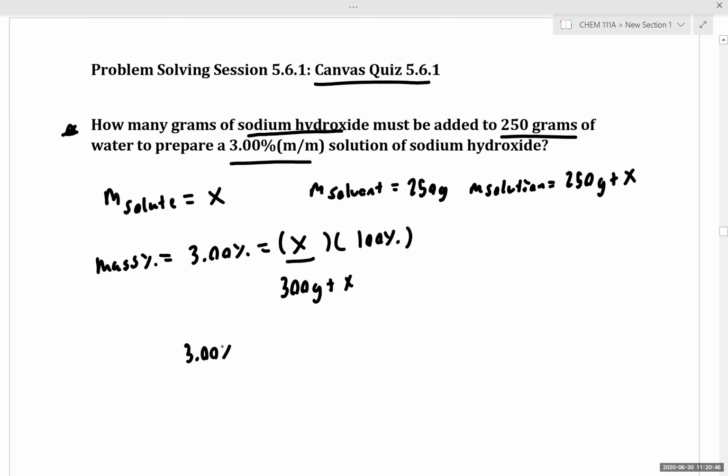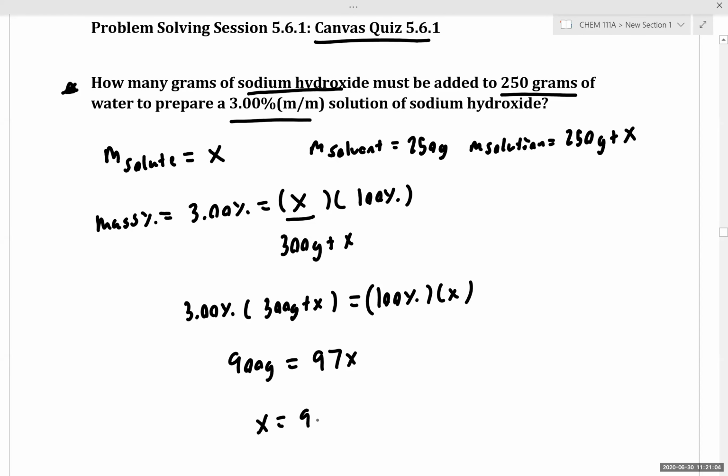So we have 3.00 times 300 grams plus x is equal to 100% times x. So 900 grams is equal to 97x. So then x is equal to 900 over 97, which in turn gives us, whoops, let me just check the work really quickly.